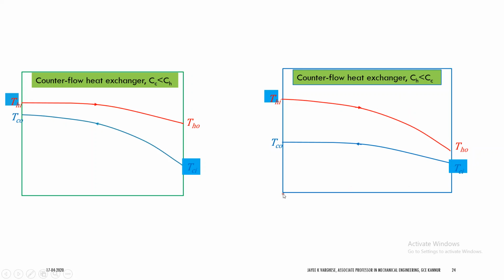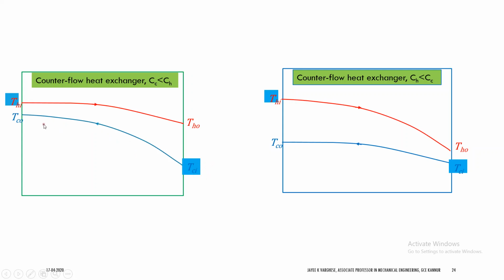Now another fact with regard to a heat exchanger is that let's assume the mass flow rates of the hot fluid as well as the cold fluid are fixed. So in any heat exchanger, mass flow rate will be fixed. Also the inlet temperatures of the hot and cold fluids are fixed.